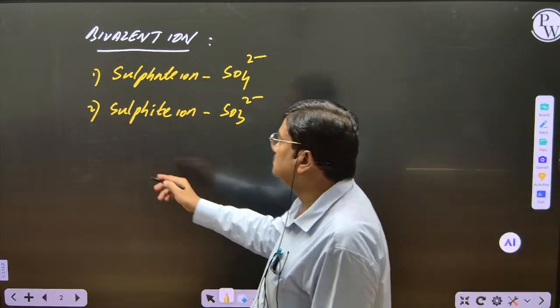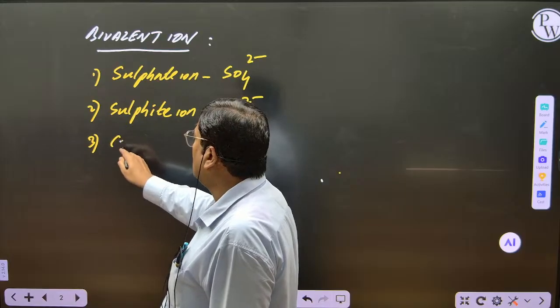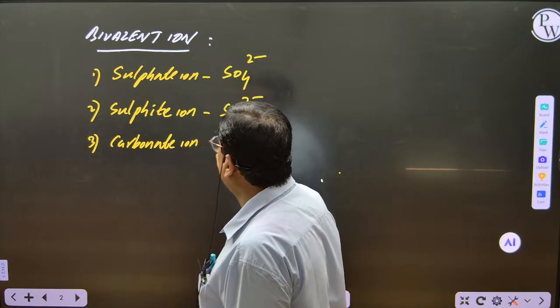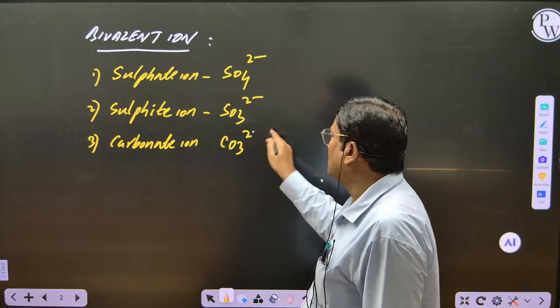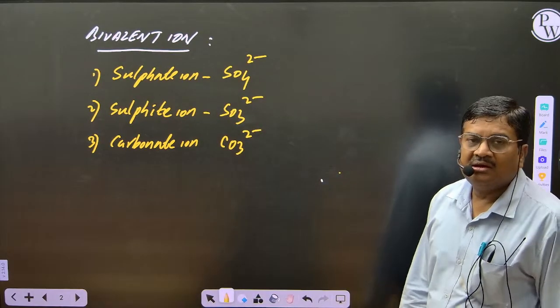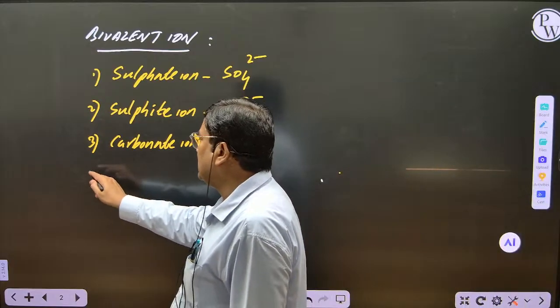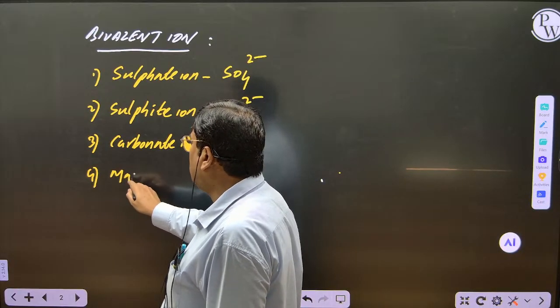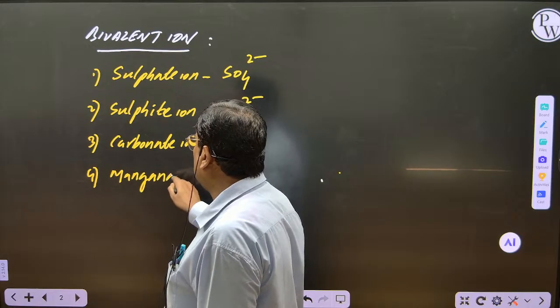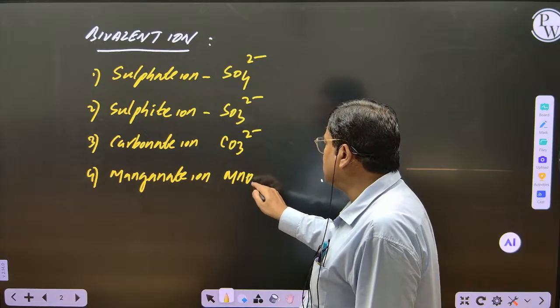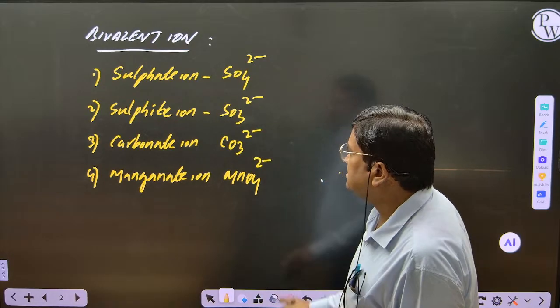Carbonate ion. You know, carbonate ion is CO3 2 minus. Manganate ion. Previously we wrote permanganate, now I am writing manganate ion. Manganate ion is MnO4 2 minus.